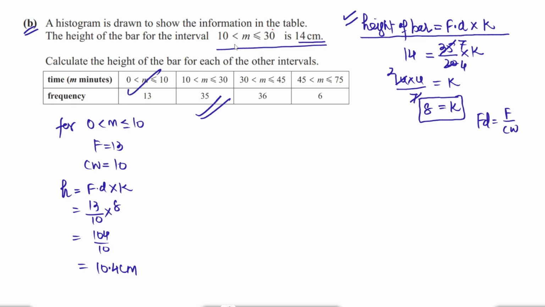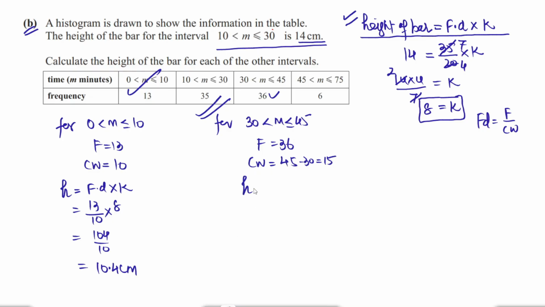The second had already been given. Now third, for 30 to 45. I'm writing a lot because I want to make you comfortable and organized. If you are solving the problem, you do not need to write that much. This is for your understanding only. The frequency here is 36 and the class width is 45 minus 30, that is 15.